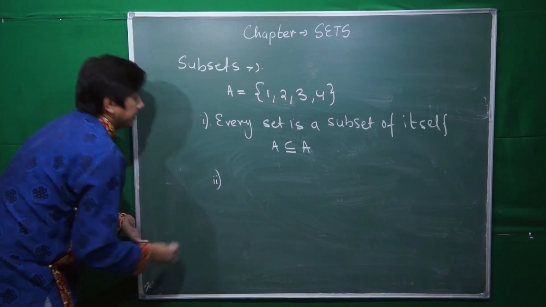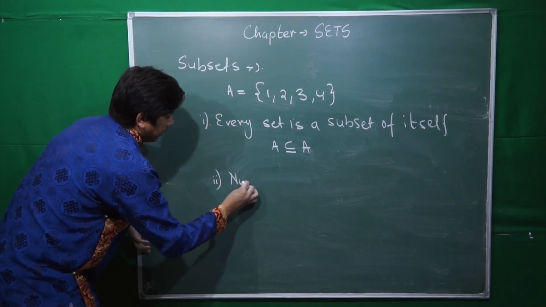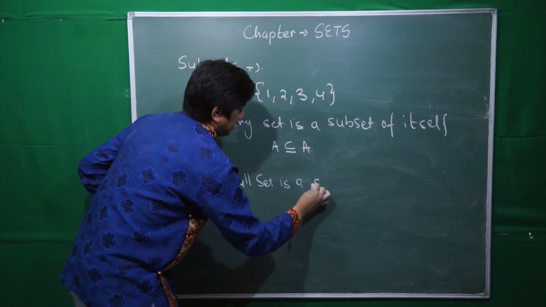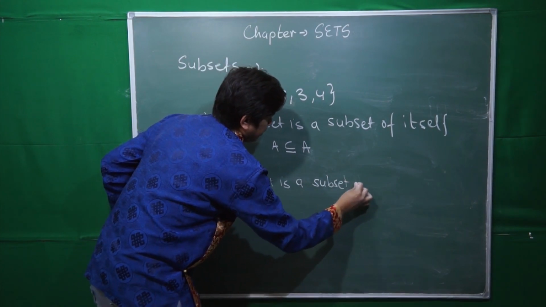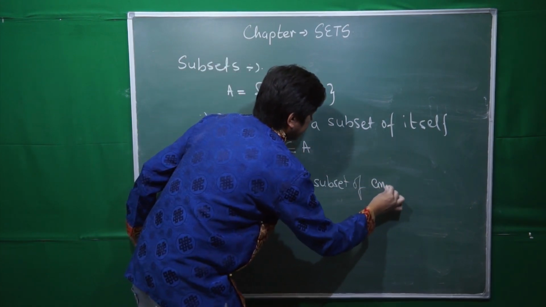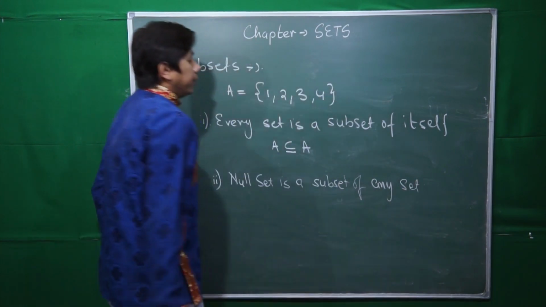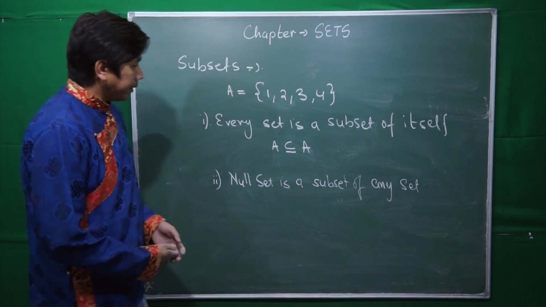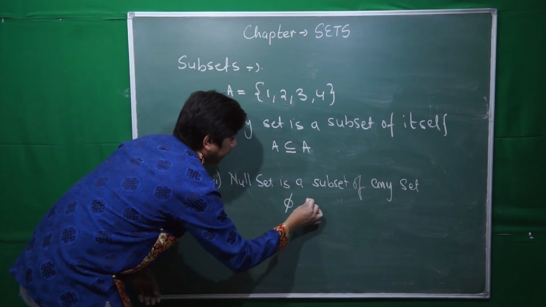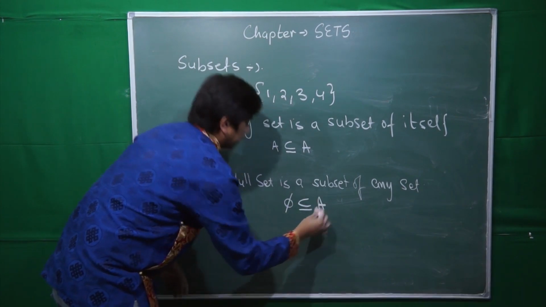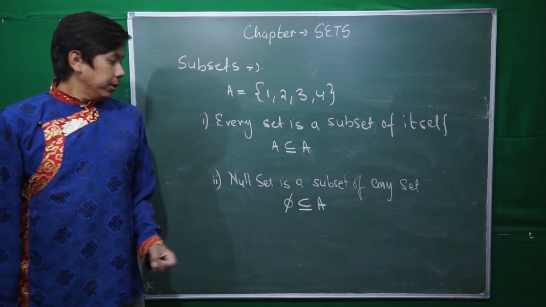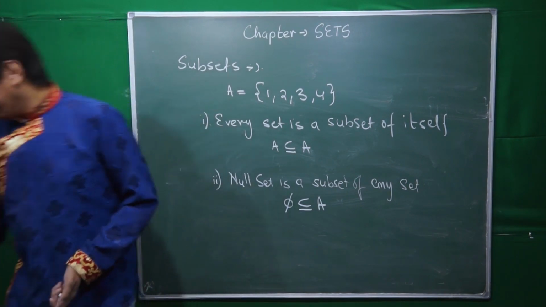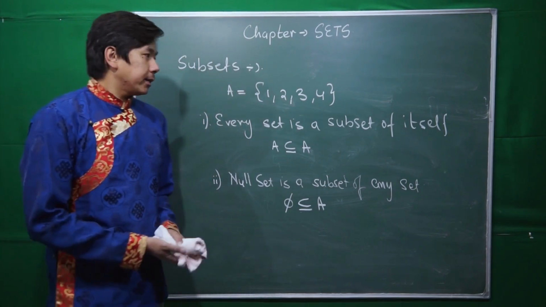Second, we have that the null set is a subset of any set. So, any given set has a subset in the form of a null set. We can write phi is a subset of A in this case. So, keeping these two properties and the formula for the number of subsets in mind, we will try to find all the subsets of a given set.